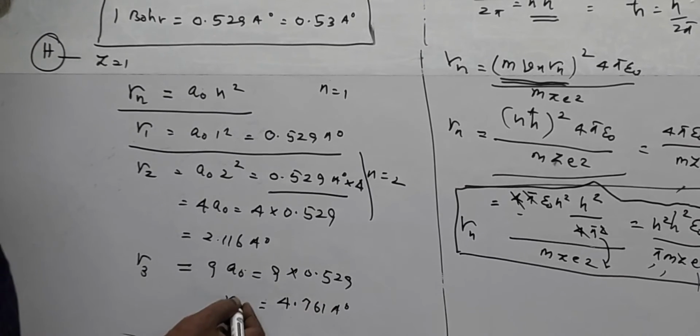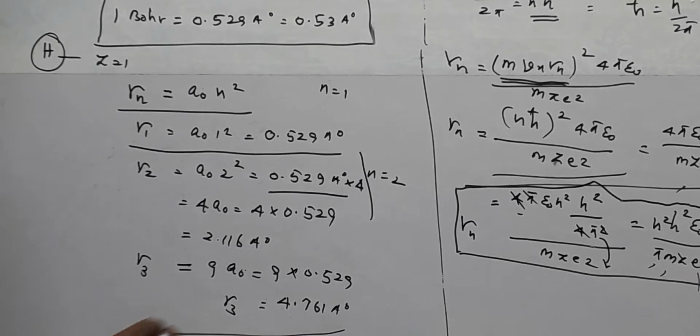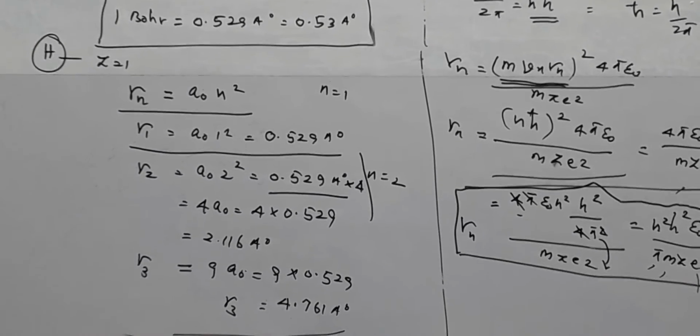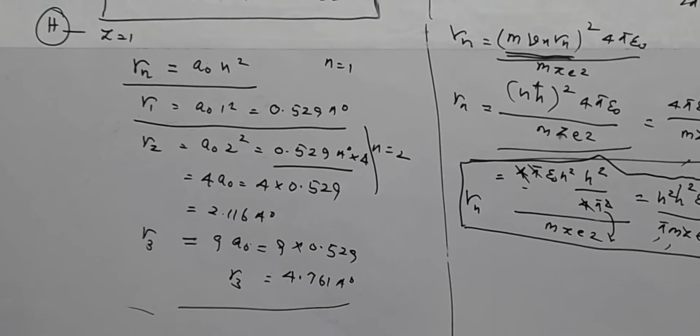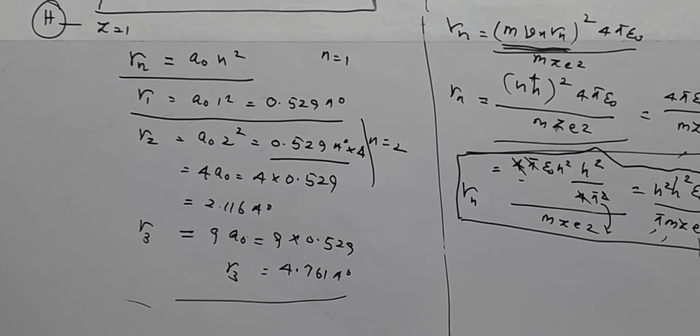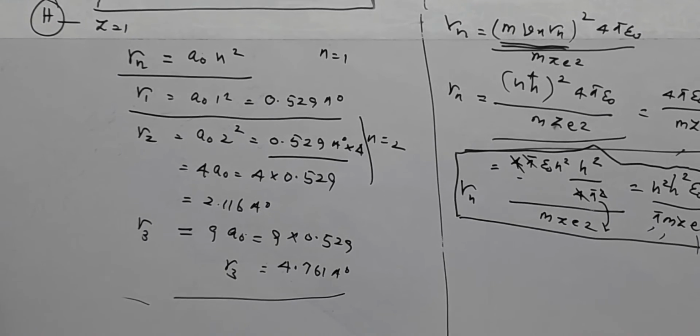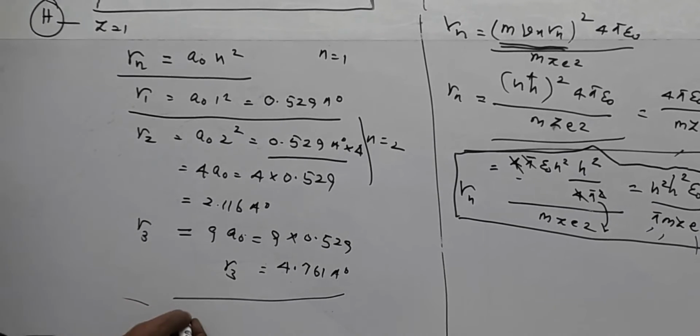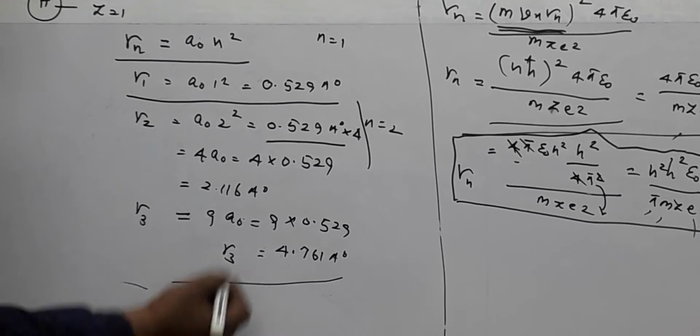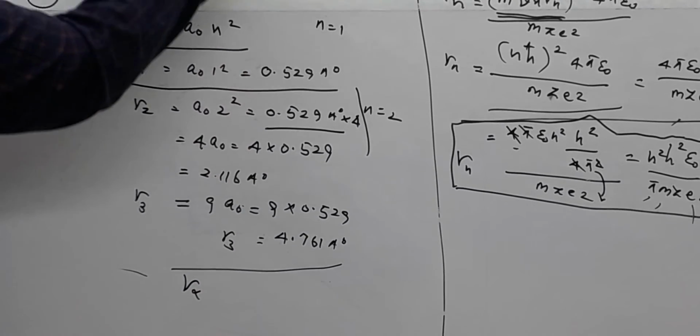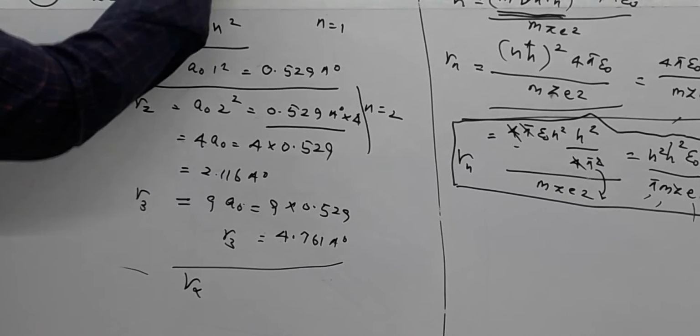This is the value of R3. Likewise, as you increase the value of n, we conclude that Rn depends only on n. These others are all constants.